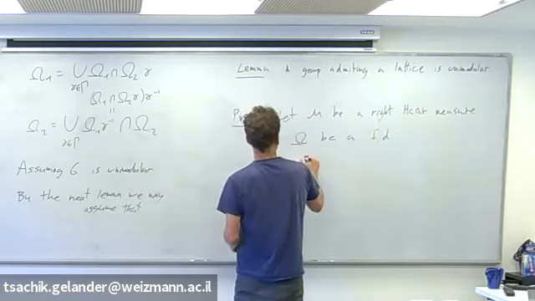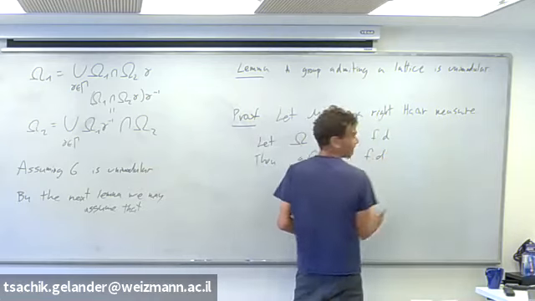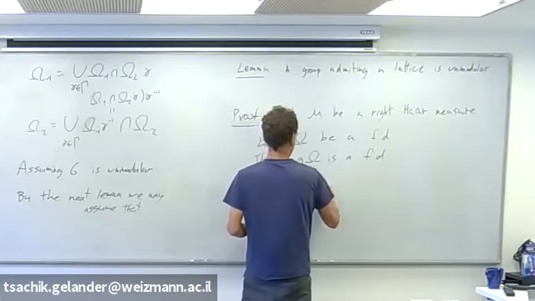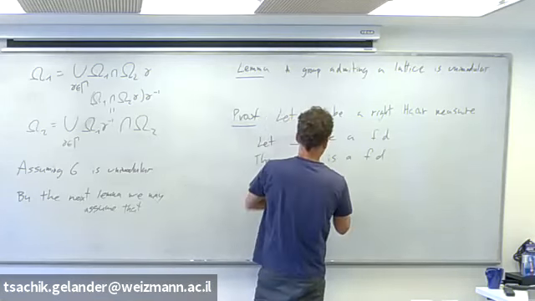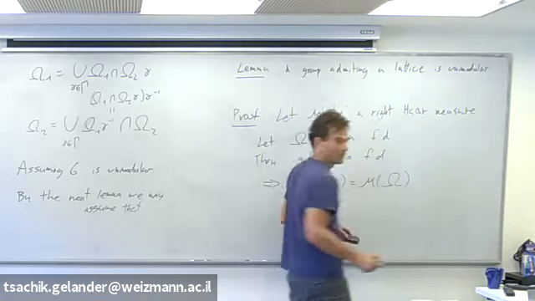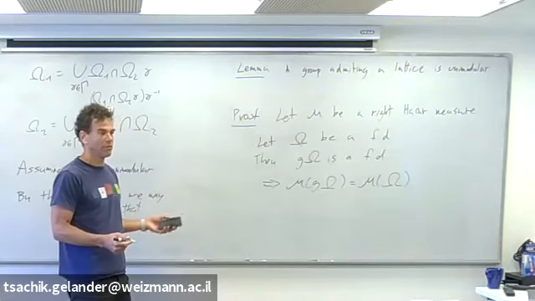Then also G Omega is a fundamental domain. So they have the same measure. So mu of G Omega equals mu of Omega. So I took the right Haar measure and I showed you that it's like that.